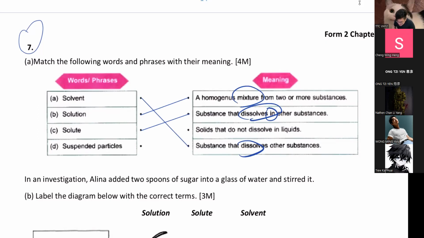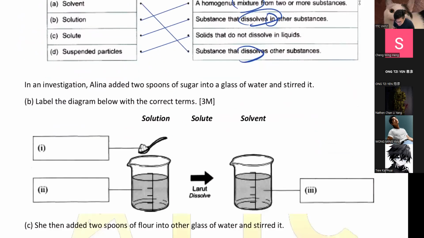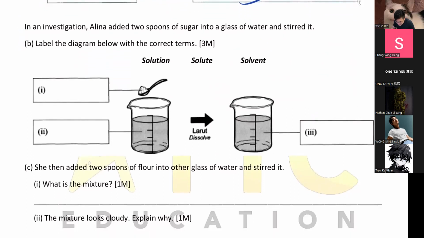And then suspended is solid that does not dissolve in water, as in the suspension. Next, number 1 is the solute, as in solid. 2 is the solvent. 3 is the solution.